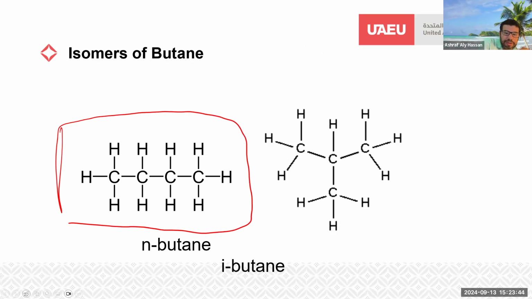However, you can have the same C4, 1, 2, 3, and then the fourth C here, and you have another H10: 1, 2, 3, 4, 5, 6, 7, 8, 9, 10. So both compounds are C4H10.